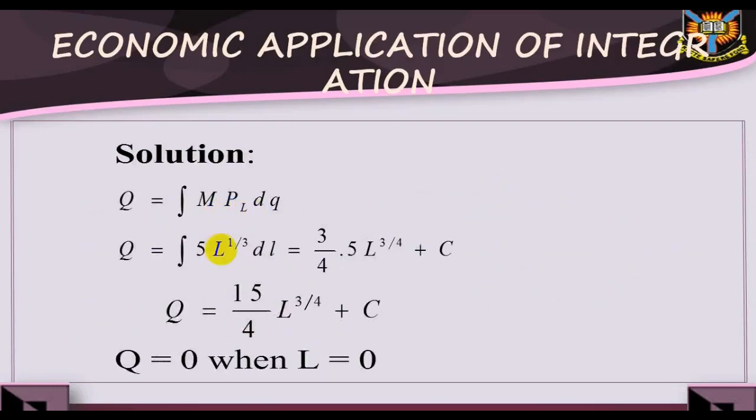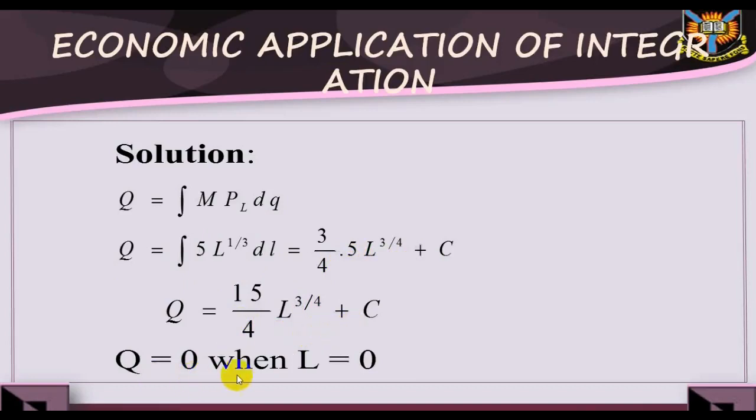Q equals the integral of 5L to power 3 over 4 dL, which equals 5 times 4 over 7 L to power 7 over 4 plus C.